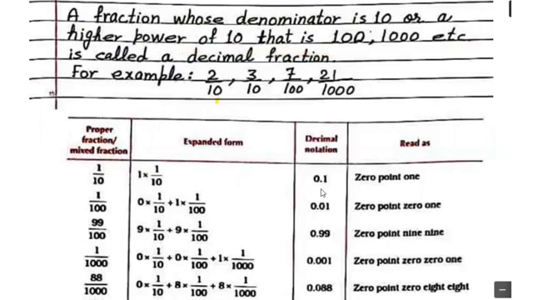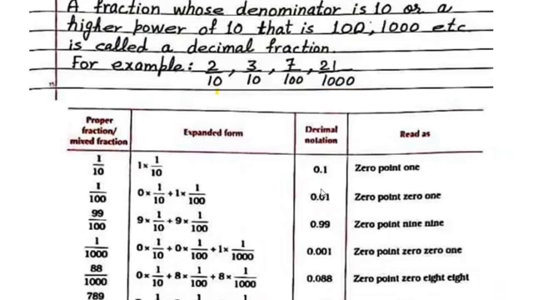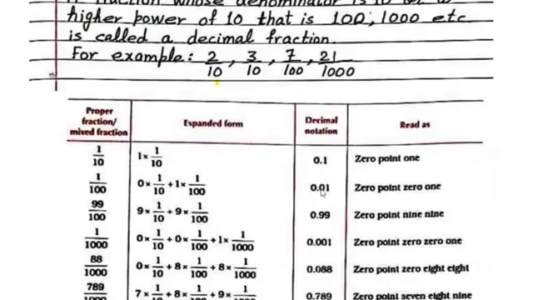Clear? For example, 2 upon 10, 3 upon 10, 7 upon 100, 21 upon 1000, all these are decimal fractions. These are the fractions that we can convert into decimals.